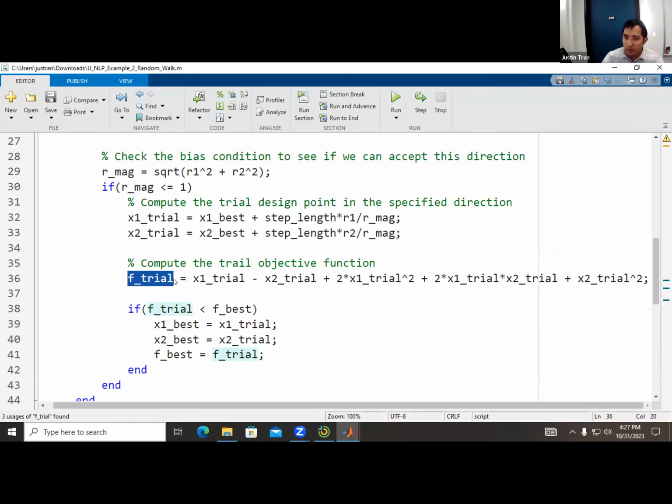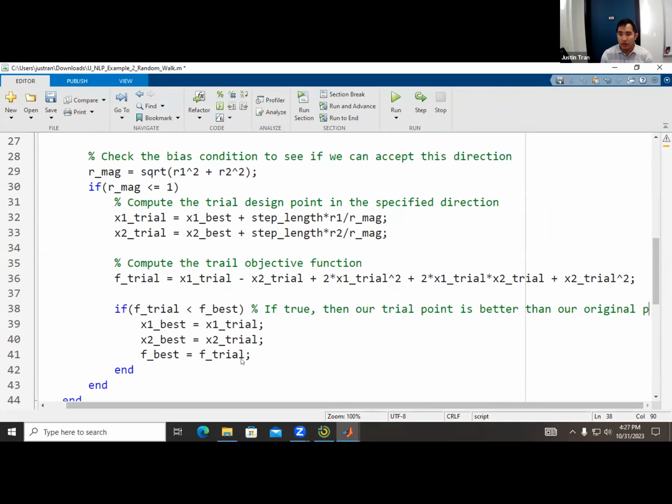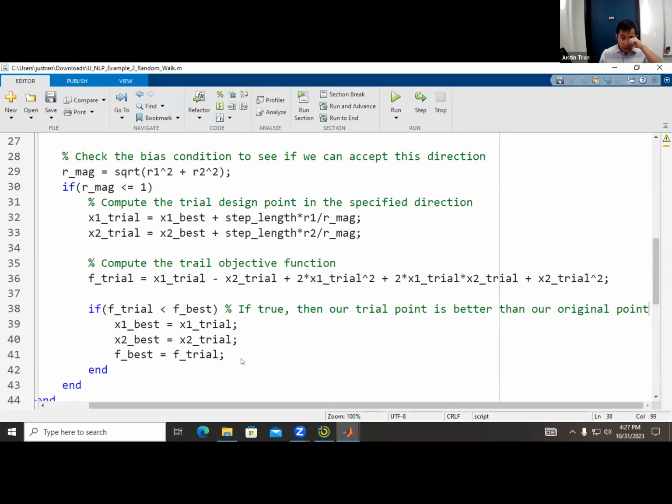Here we're going to check if f trial is less than f best. If this condition is true, our trial point is better than our original, so stepping in this direction does lead to an improvement.